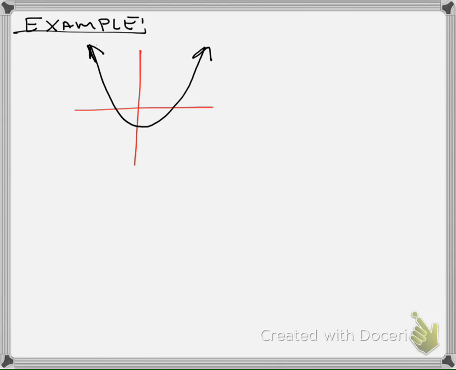So if I start at 0 at the origin, the question then becomes, can I draw a line from that point on the x-axis at 0 and still touch the graph?